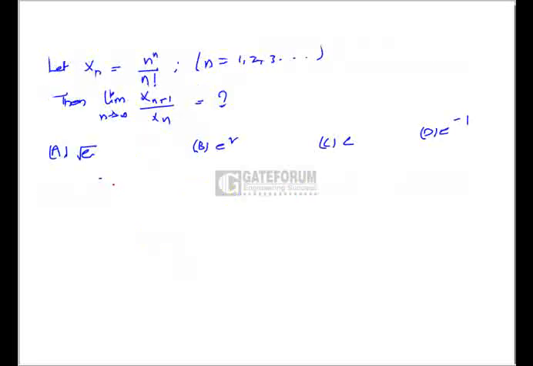In this question, xn is given as n power n by n factorial, and we have to find the value of limit n tends to infinity xn plus 1 by xn.